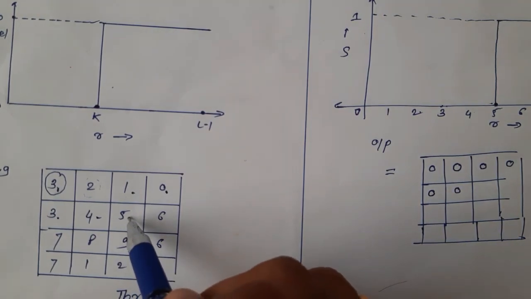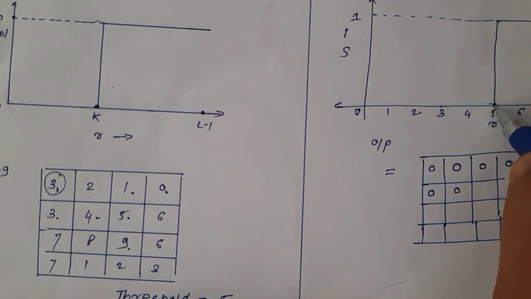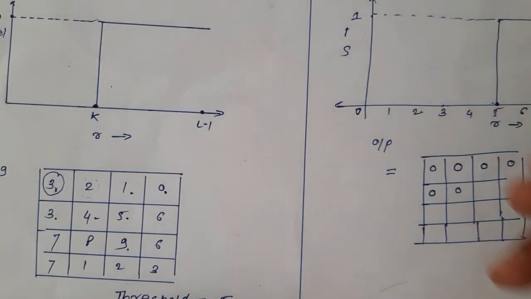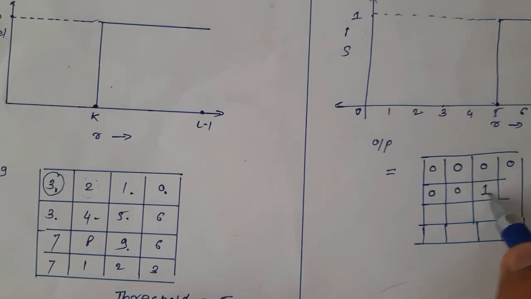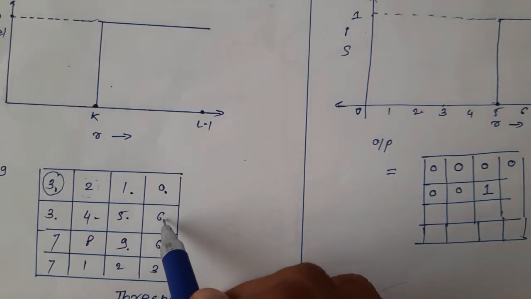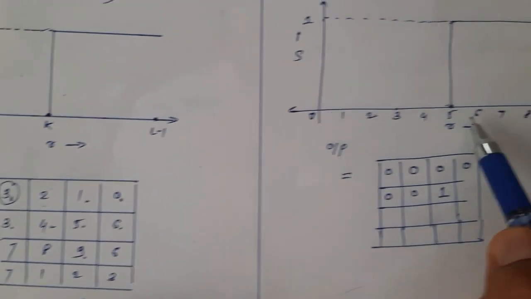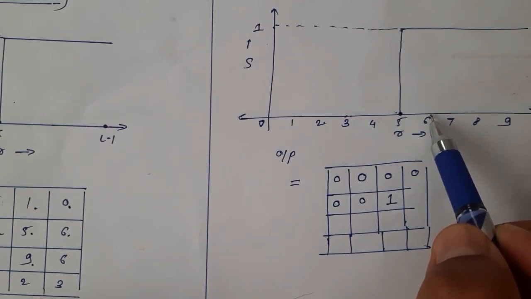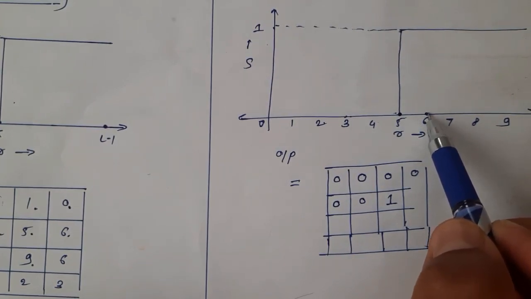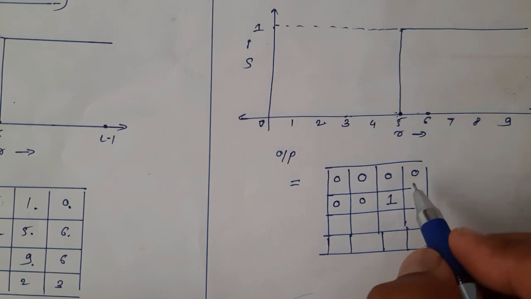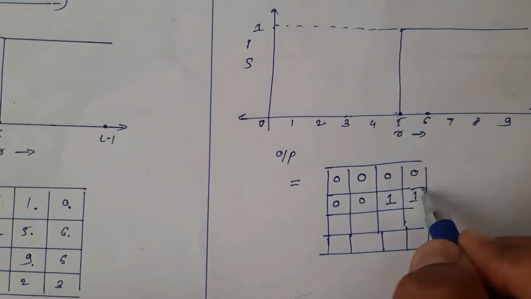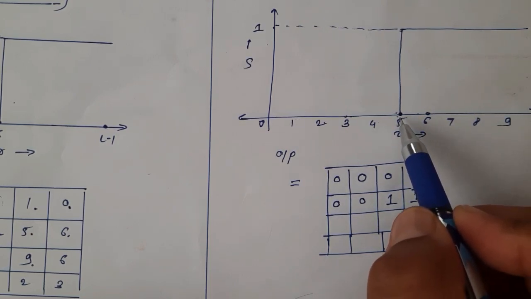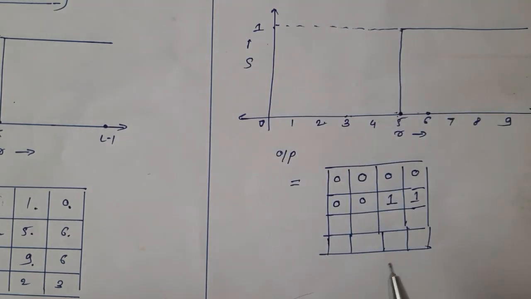Now the 5 is exactly equal to threshold, so this 5 will map to 1. So I am having 1 here. Now the next value is 6. In our figure the value 6 is higher than threshold 5, so that value is converted to 1, meaning we map the values which are higher than threshold to 1.